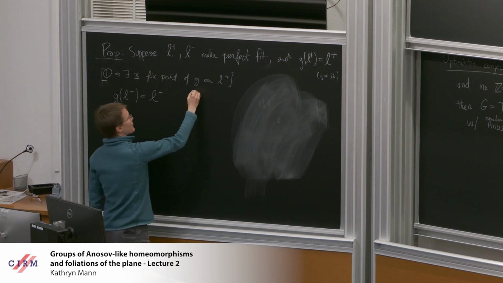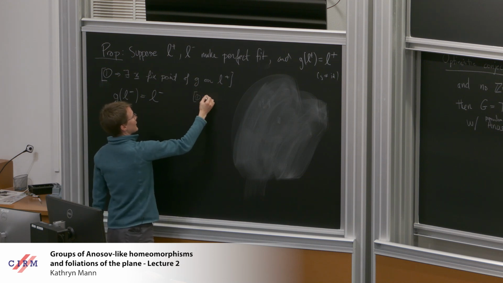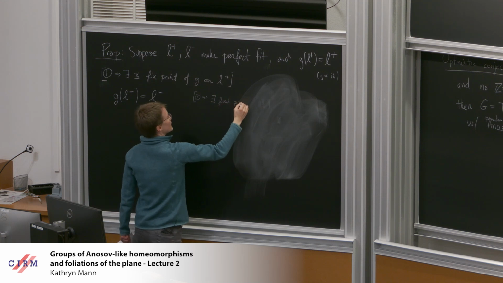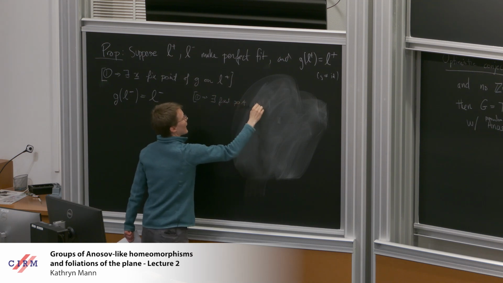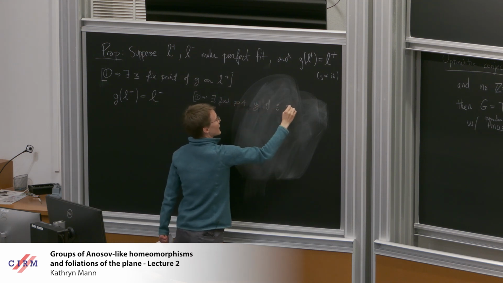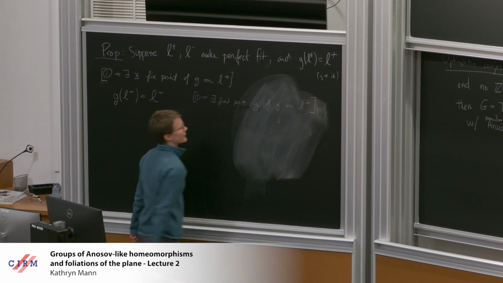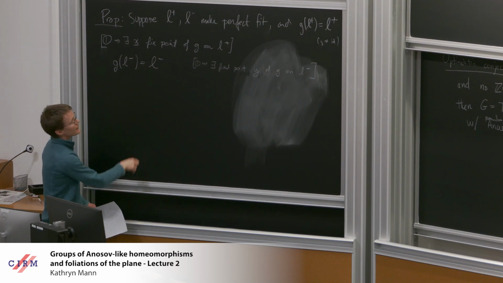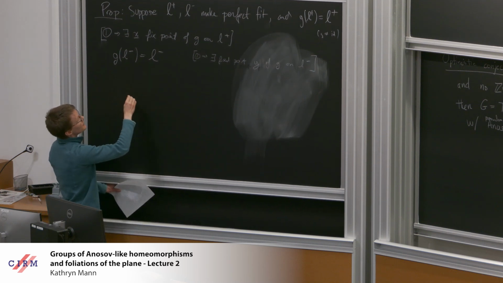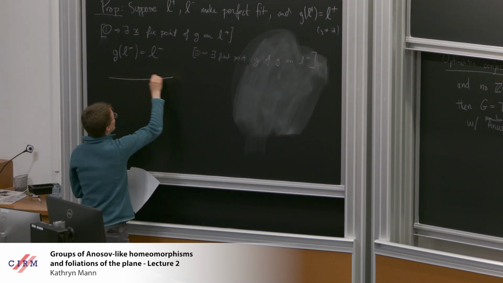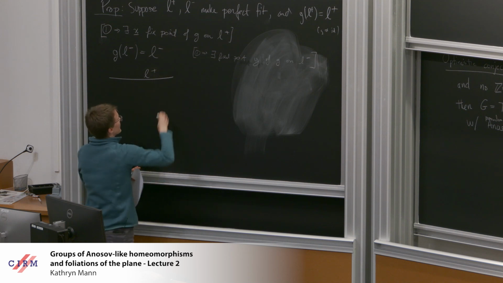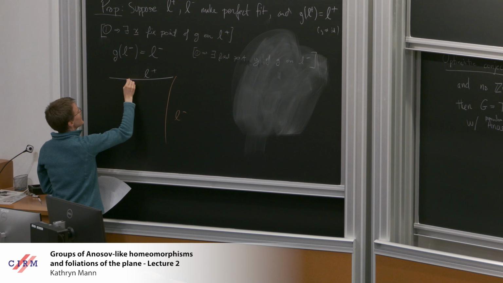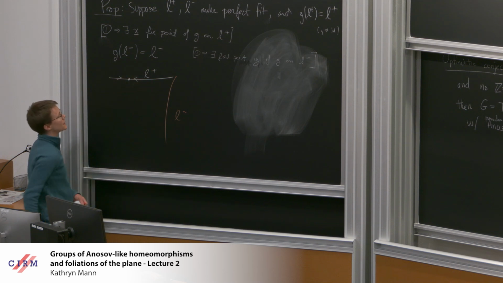And of course, property 1 also tells me that there's some fixed point of G on L minus. That's an axiom. And so encoding this in a picture, I have my L plus, I have my perfect fit with L minus, I have some point fixed by G, and the dynamics are like this, up to switching with the inverse.